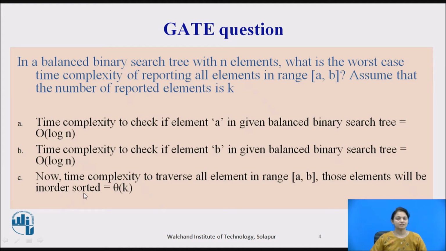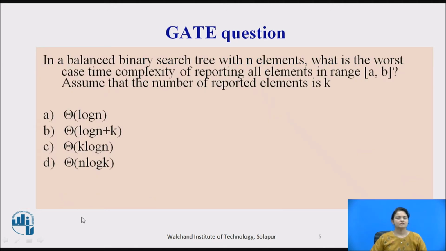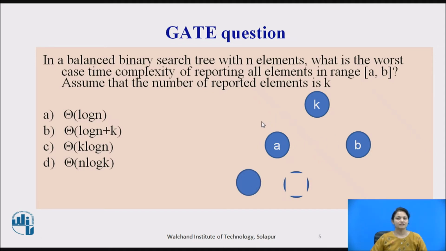If it is in order and sorted, we will require this. Any k nodes are there. Here I am showing the root node, because from A to B I have to go through these k nodes. First I go for A, then B and the k nodes. There may be different nodes also.